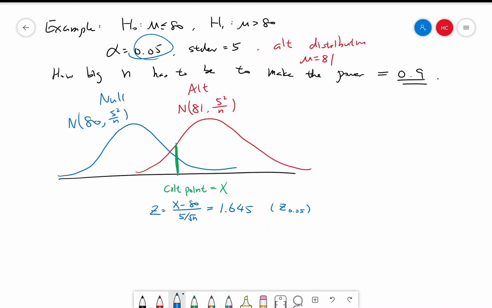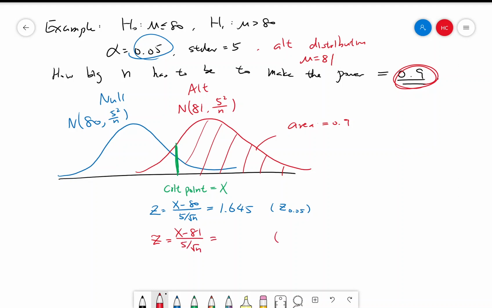So that's one clue that comes from the null distribution. Another clue comes from the alternate distribution: the power is 0.9. So the area of this part is 0.9, which tells you the area of the other part is 0.1. So the z-score, (x minus 81) over (5 over root n), is equal to negative z sub 0.1, which is 1.28.